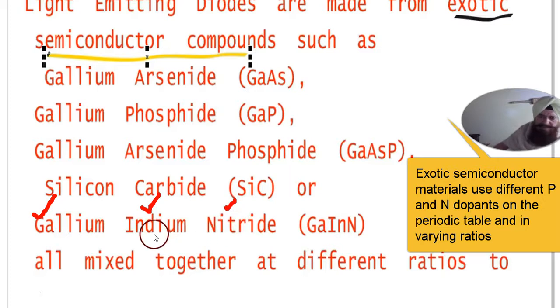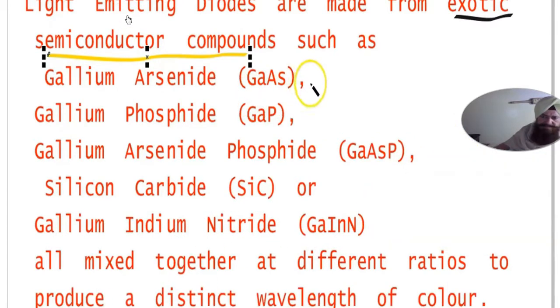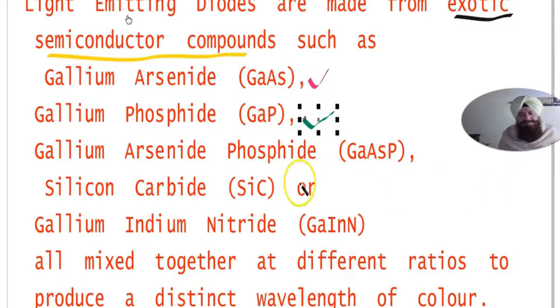It means the amount, how they are mixed, and in what ratio they form a semiconductor compound, and the color depends upon that. So they are different compounds.